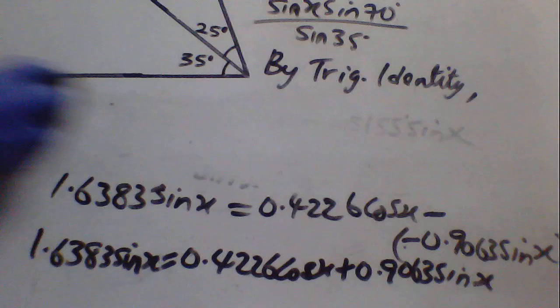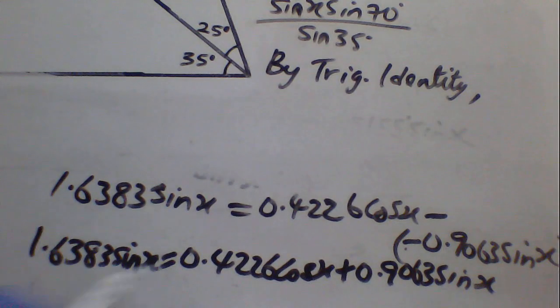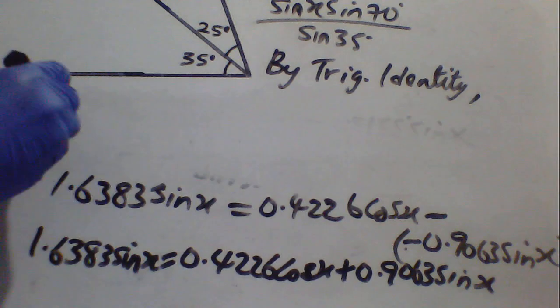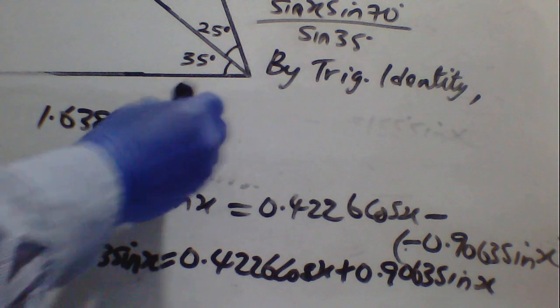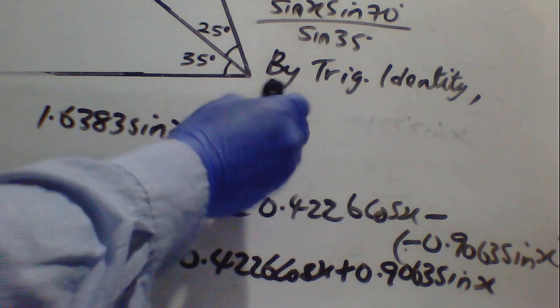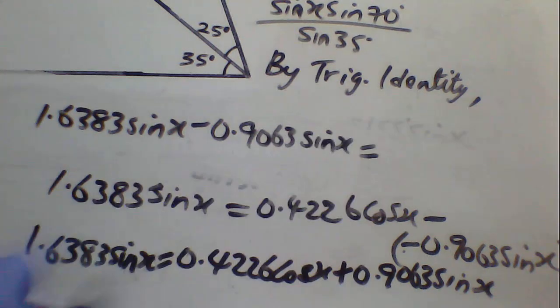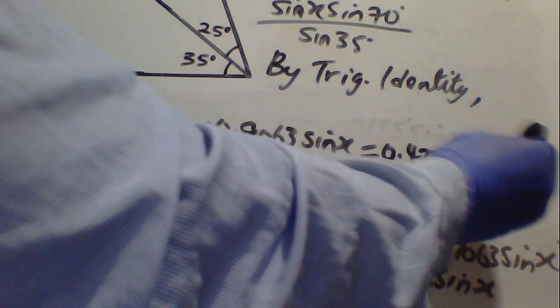We can collect like terms, combine like terms. There is sine x here, there is sine x here, so bring them together. Plus coming to the other side, we have 1.6383 sine x minus 0.9063 sine x, and this is the same as 0.4226 cos x.